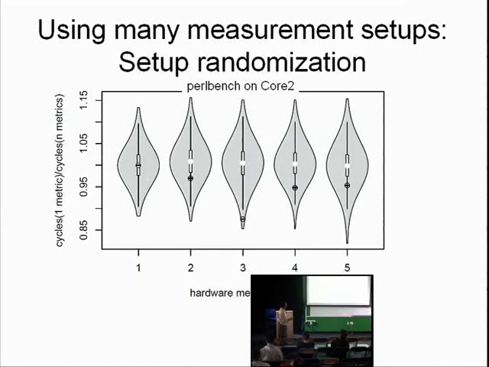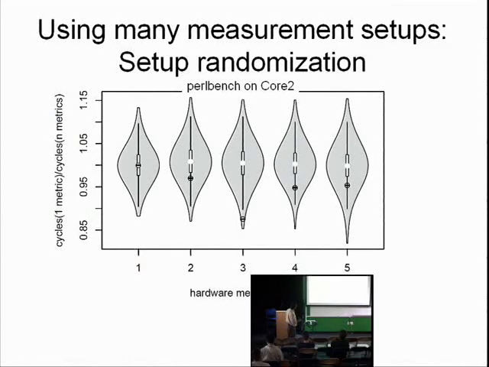So in these violins, these points here, the circles, they represent what you get if you collect data in only one measurement setup. So this is what we saw in the past. And the x-axis adds hardware metrics. So this is going back to our adding one hardware metric at a time example. And these violins show the distribution that we get.